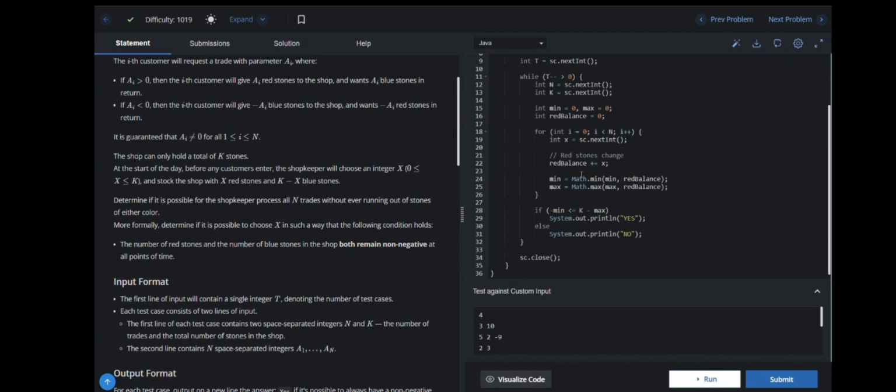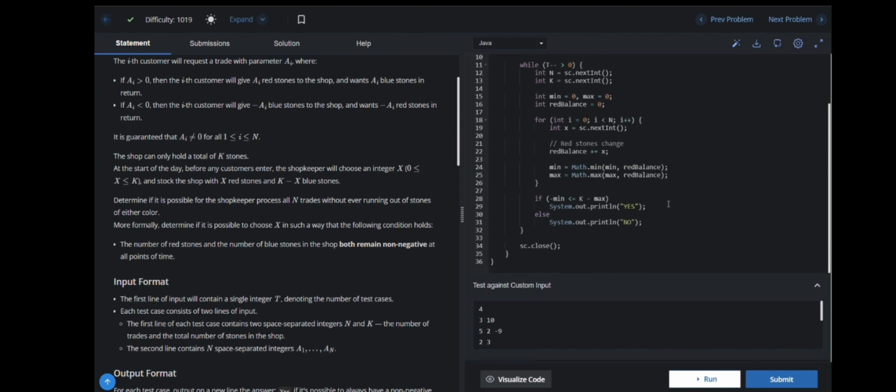And while we do this, we will update minimum and maximum. Minimum will store the minimum requirement of red balls, and maximum will store the maximum red balls which were there at any moment. So if negative of min is less than or equal to k minus max, then we will be printing yes, otherwise we will be printing no, and we will be closing the scanner class. So that's it for this question.